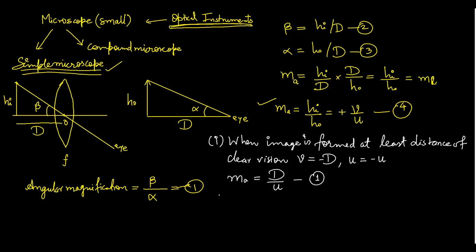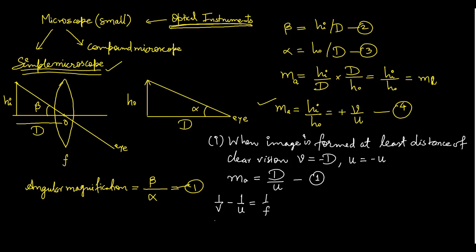So we know the lens equation is 1 by v minus 1 upon u equals 1 upon f. Am I right? Yes or no?